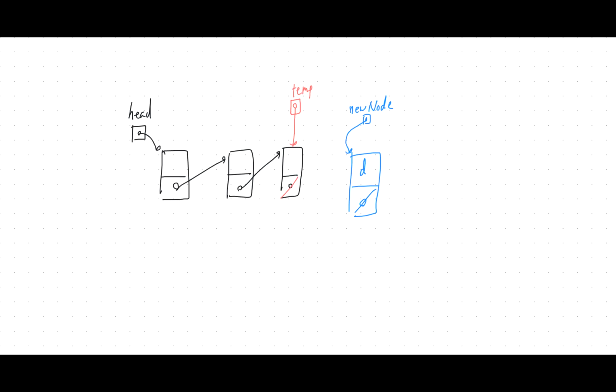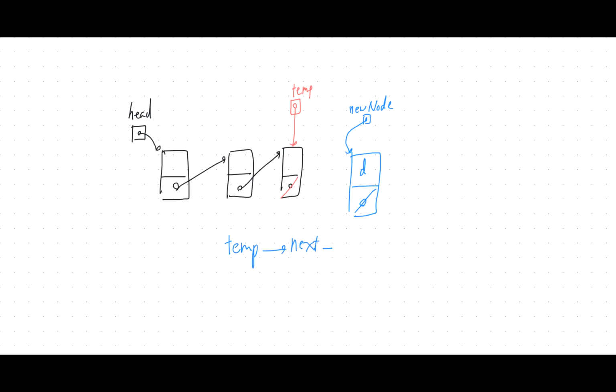This one is. So this pointer, instead of being null, should point to what is going to be the last node. Now, first of all, how do we access this pointer? So temp is pointing to this node, so temp arrow next refers to this pointer here.